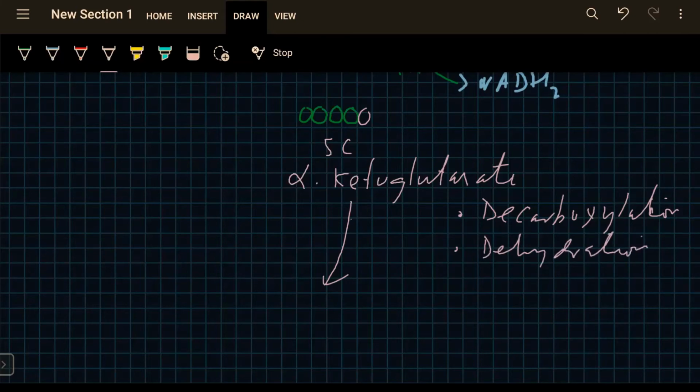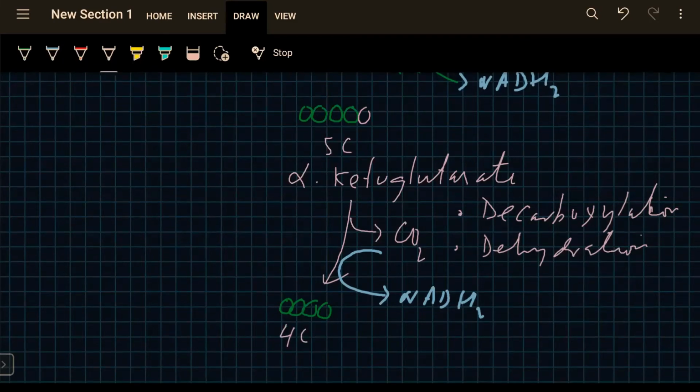As a result, another carbon dioxide is lost here, and similarly, another NADH2 is produced, or NAD is reduced here. A 4-carbon molecule is left behind. This is known as succinate.